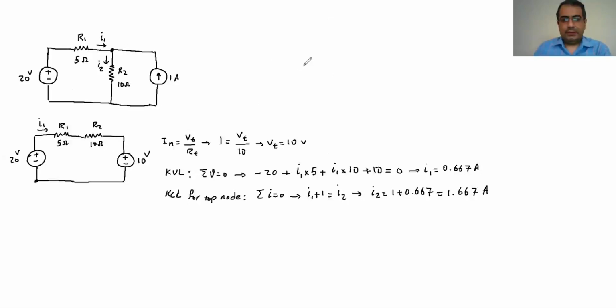I have the current source and the resistance like that. So this is what I have here. This is 1 amp, and this is the R2. Now I can say I want to replace this with the voltage source and the resistance. So I'm going to go ahead and replace that with the voltage source and the resistance.